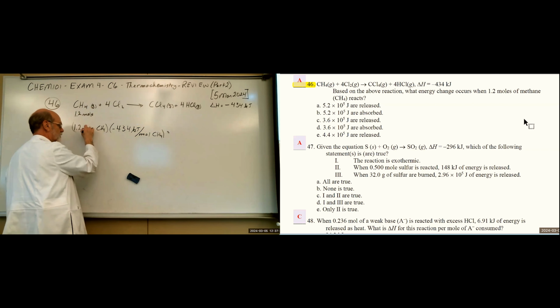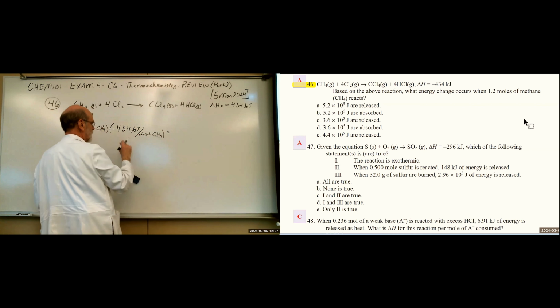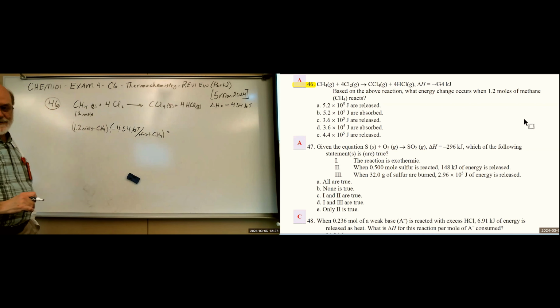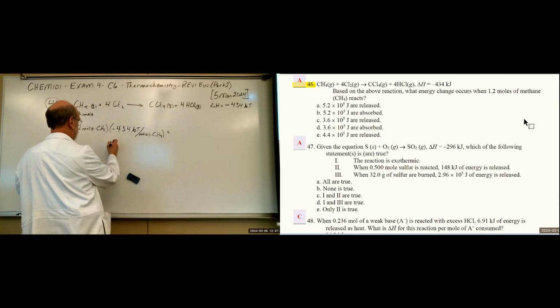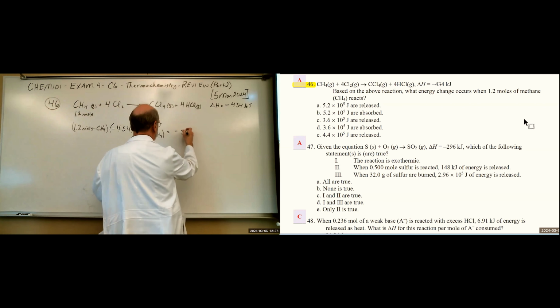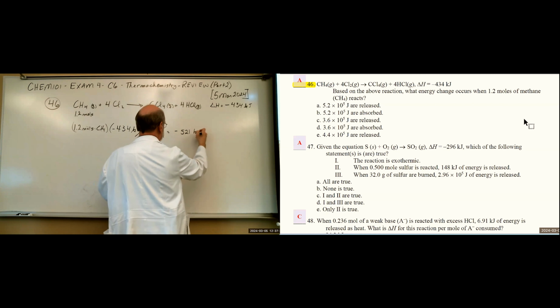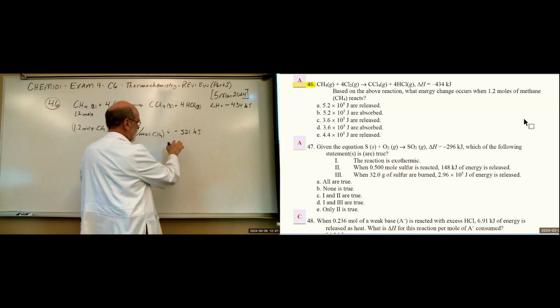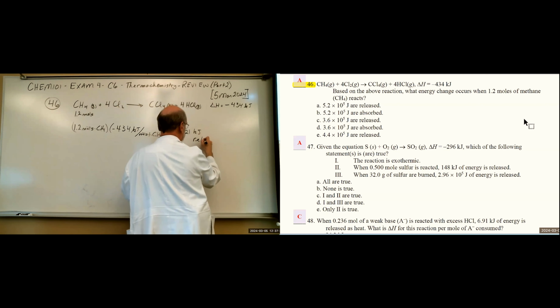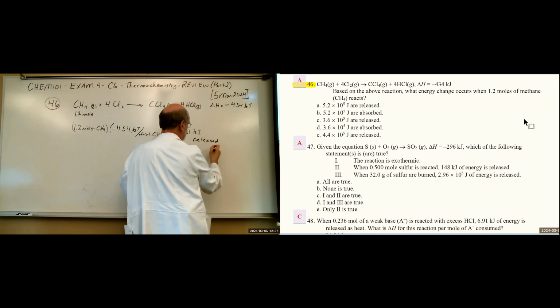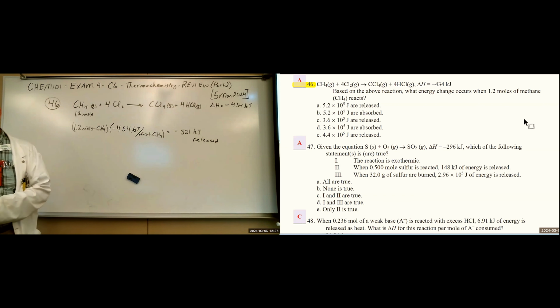That way we cancel this part and leaves us with kilojoules. So that would be, let's see, 1.2 and 434, minus 521 kilojoules released. So that's the word you're looking for. Released means exothermic.